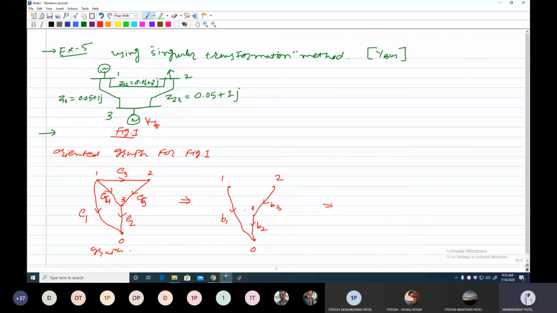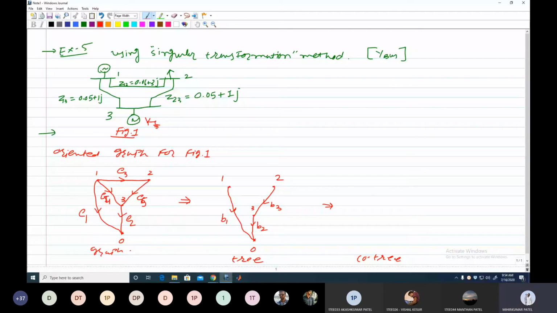Then the remaining portion after drawing the tree is your co-tree. So just draw the co-tree. In your case, whatever you want, you can consider as a tree. There is no criteria. Just one condition you have to follow: all nodes are considered, and there must not be a closed path formed by your network. Clear?